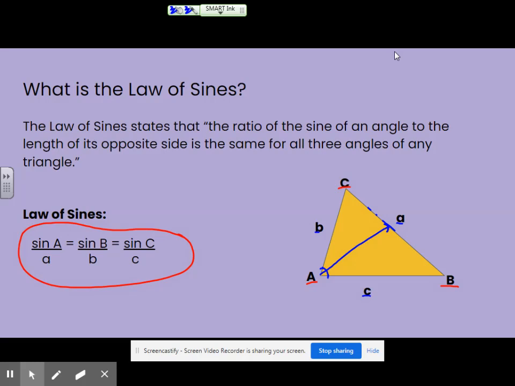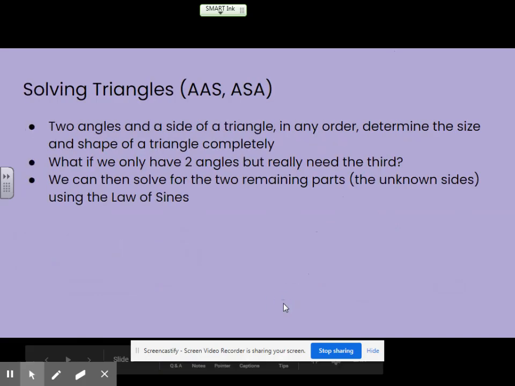Same thing with B and C. That's going to be very important because for the law of sines, back over here, I have the sine of some angle A over the opposite side a, equals sine of some angle B over its opposite side b, equals sine of some angle C over its opposite side c. Opposite sides for this section are very, very important, and we'll look into what we can do with it.